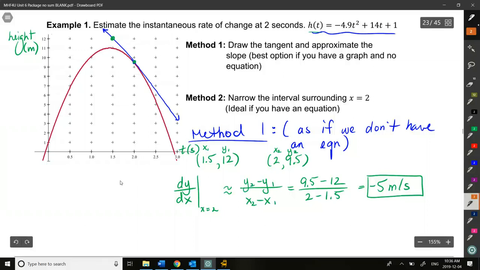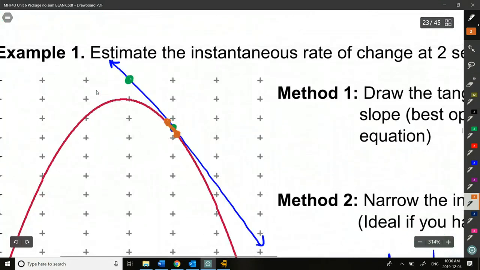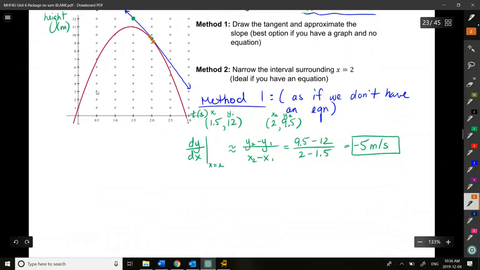So the idea is potentially I could choose points on either side of that, and I can find the slope of the secant line that connects those 2 points. So if we look here, the hope is that this secant line that surrounds that interval at 2 will be super close to the slope of the tangent line because the interval is so small around 2. This is ideal if you have an equation that's given to you. So this will be our method 2.